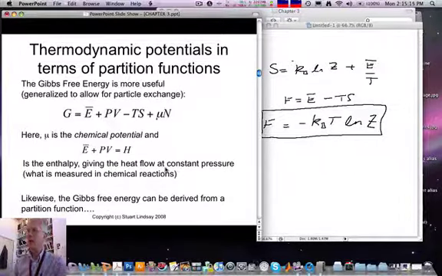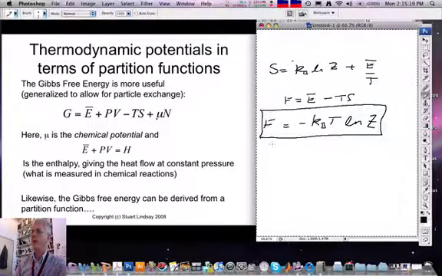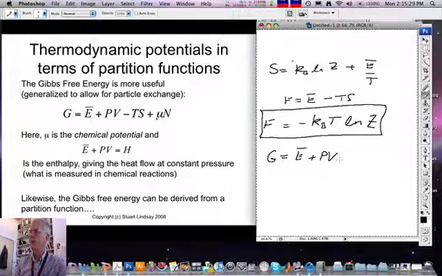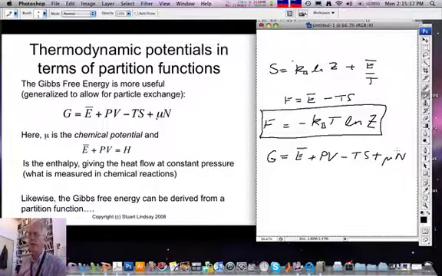The Gibbs distribution becomes even more useful when we generalize it to include the idea that particles might be able to enter and leave a system. So this is the previous definition of the Gibbs free energy. And then we add to it a term mu, called the chemical potential, times the number of particles in a system.